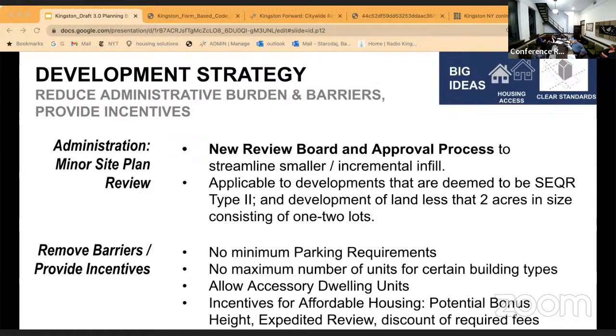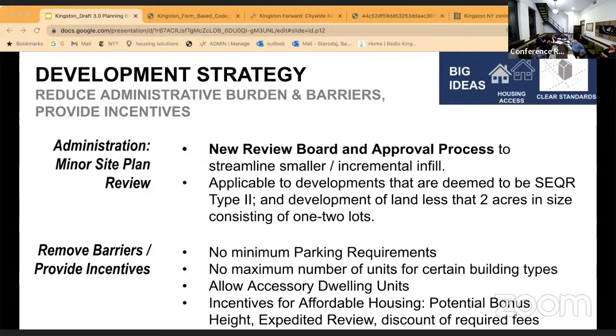And then in terms of affordable housing, in addition to the mandated amounts that were shown in the previous screen, there's potential for bonus height if you go up to 20% affordability. There's an expedited review process based on affordability. There's also a discount of required site plan fees.